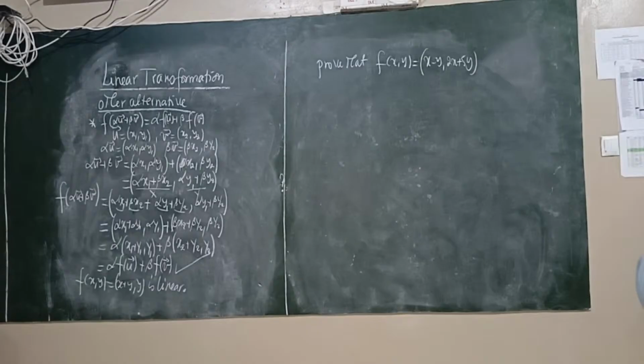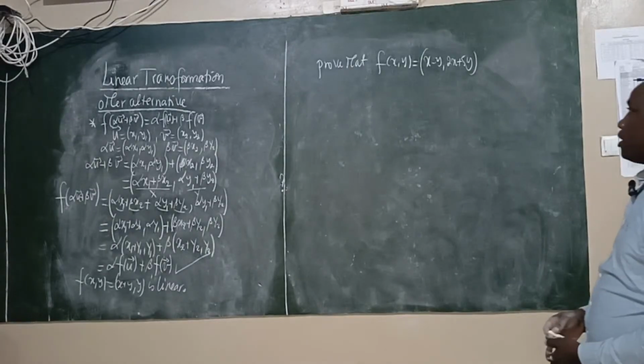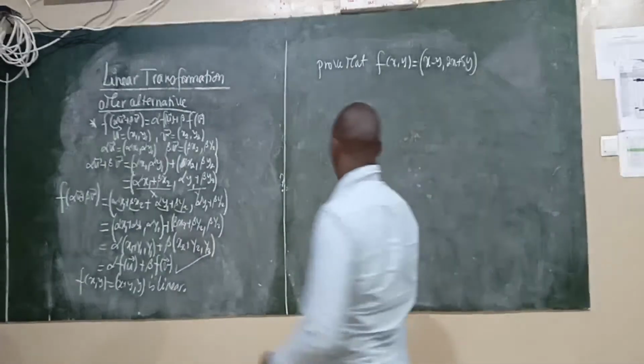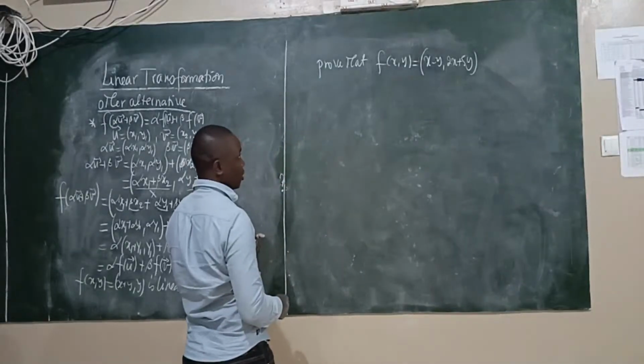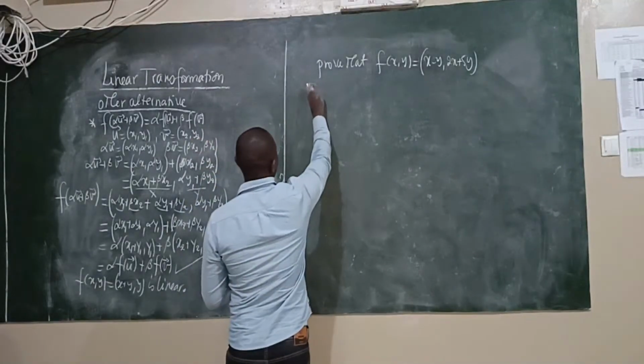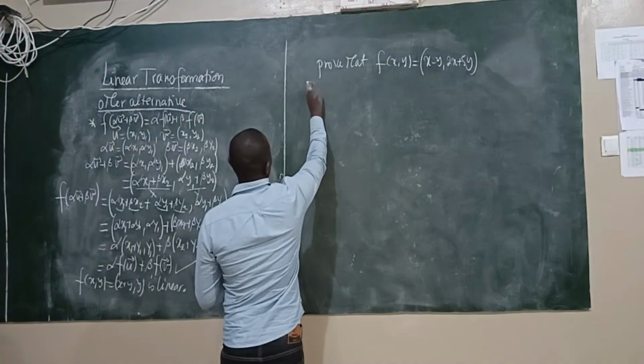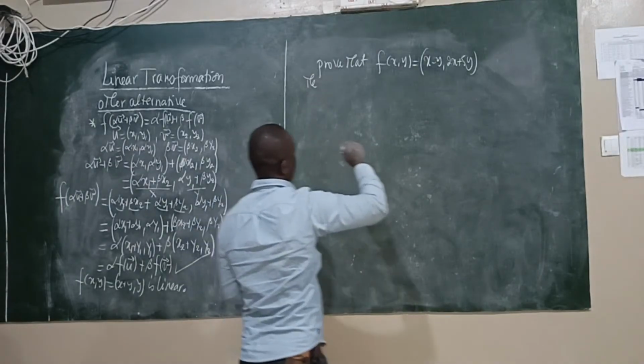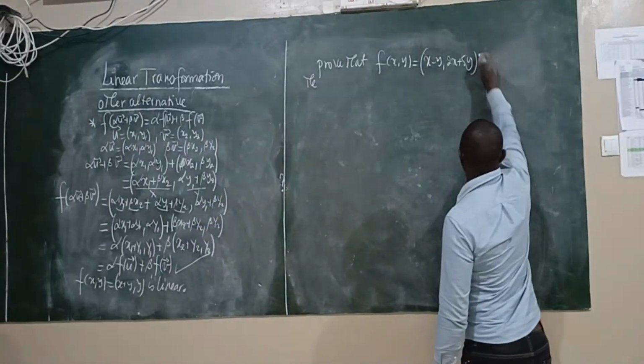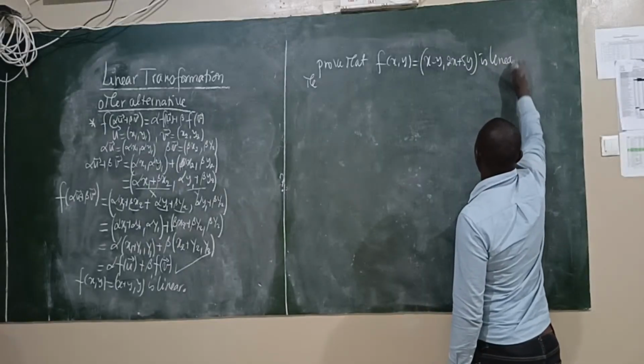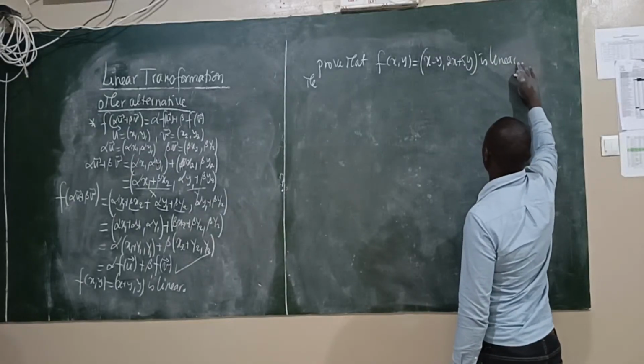Okay, let's continue with this example 2. As I told you, we can use this to check whether the transformation is linear or not.